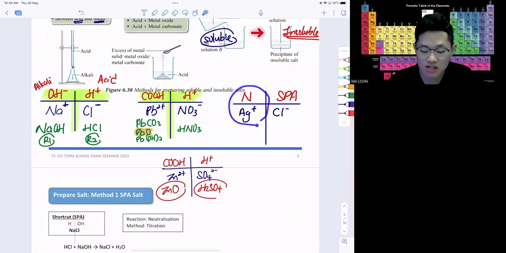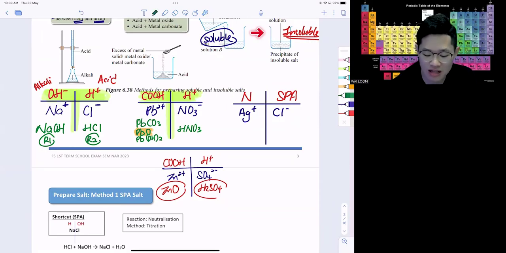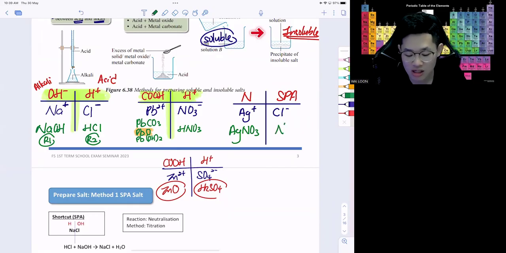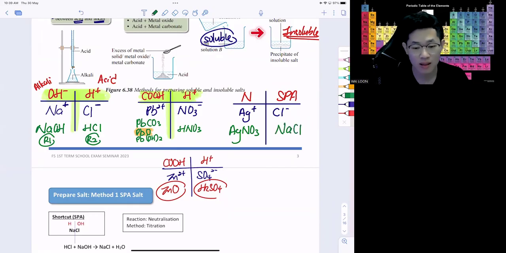So that means if silver pairs up together with nitrate, silver nitrate will be soluble. SPA is sodium, potassium, and ammonium. We can use any one we like. If you like sodium chloride, use sodium chloride. If you prefer potassium chloride, then go for potassium chloride. So that's how we get the reactant.